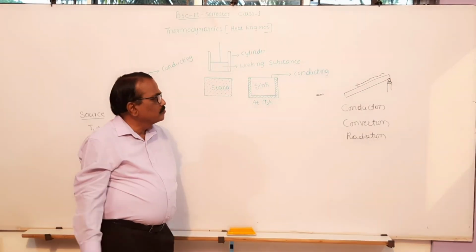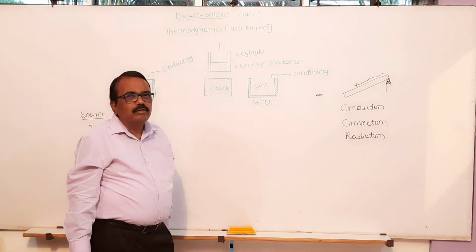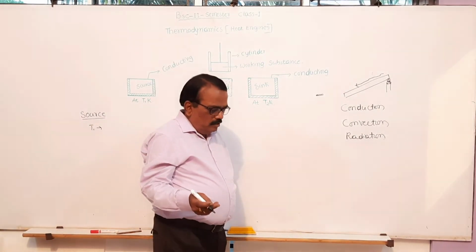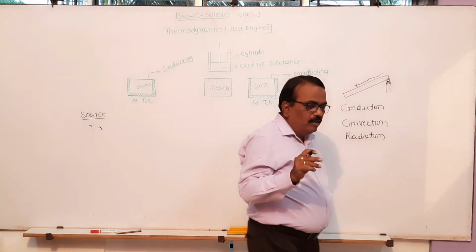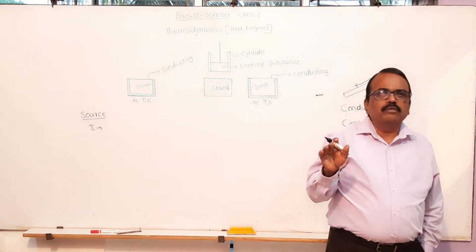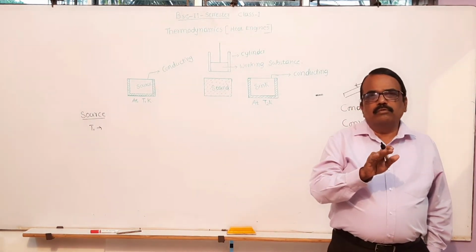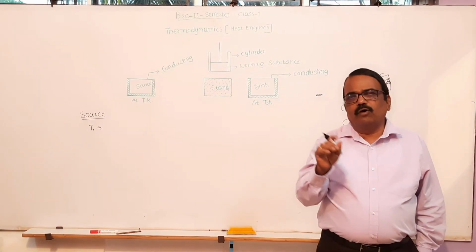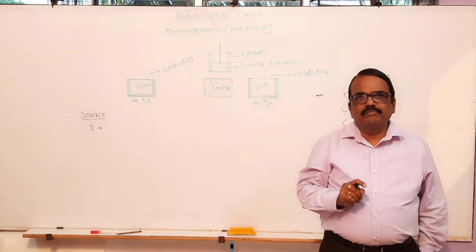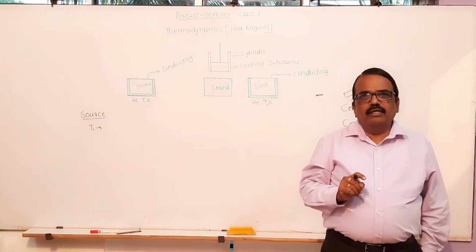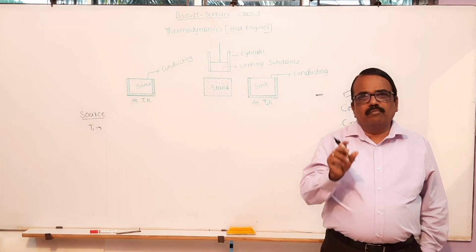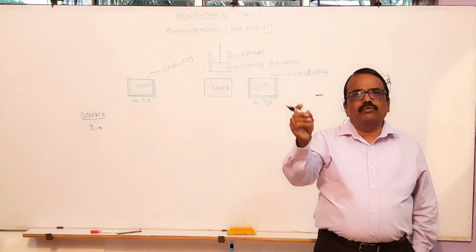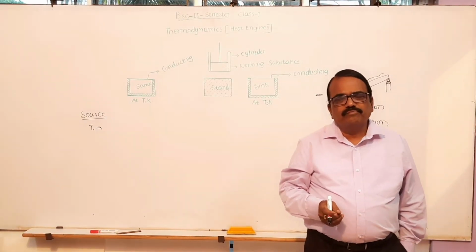What is convection? If the heat transmission takes place due to the motion of the molecules in a liquid, then it is called convection. The molecules carry the heat from one place to another place inside the water.